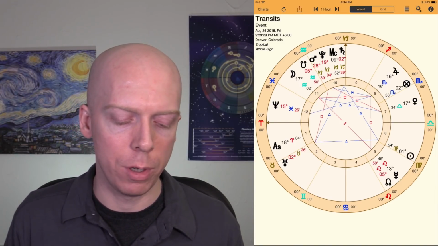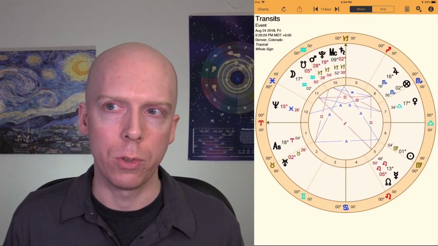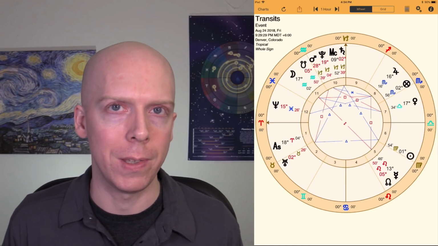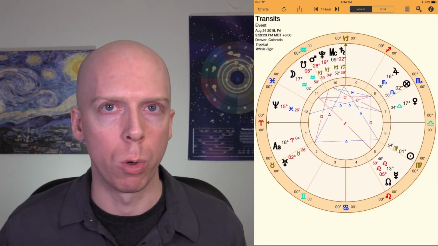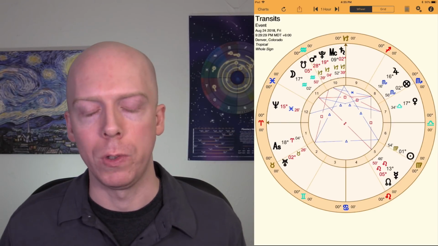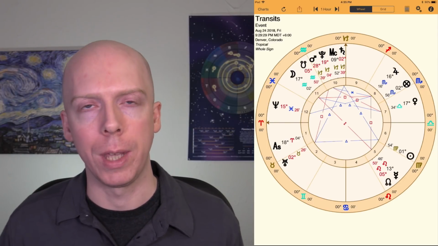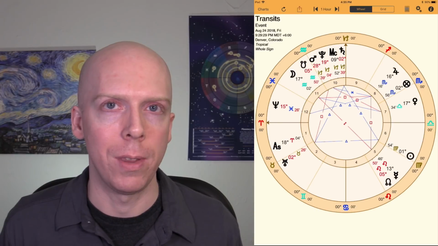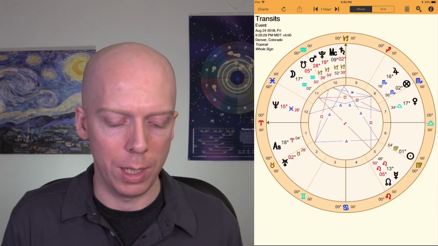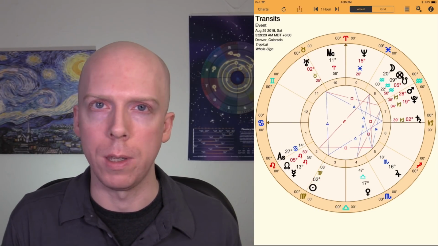It has a lot of options, and the killer feature for this app is just the ability to animate the chart and move the chart forward or backward at any point in time, which is very useful for doing things like rectification, for looking at transits, or just about anything else you want to do. Just the ability to move the chart forward at different rates.